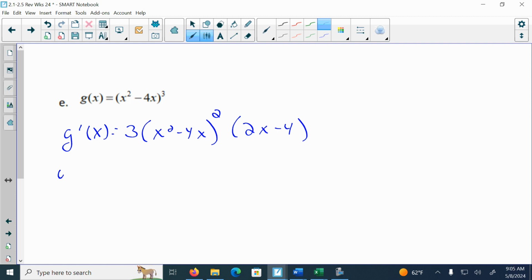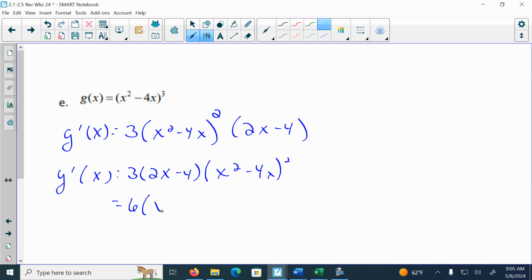Now I am going to rewrite that. So there's what I have right now. I notice that I can factor out a 2 from here, and it's linear, so I'm going to do that. When I factor out the 2, 3 becomes 6. And that's my final answer.